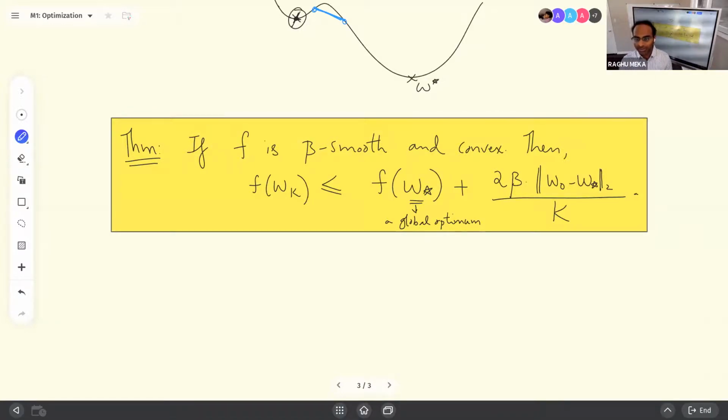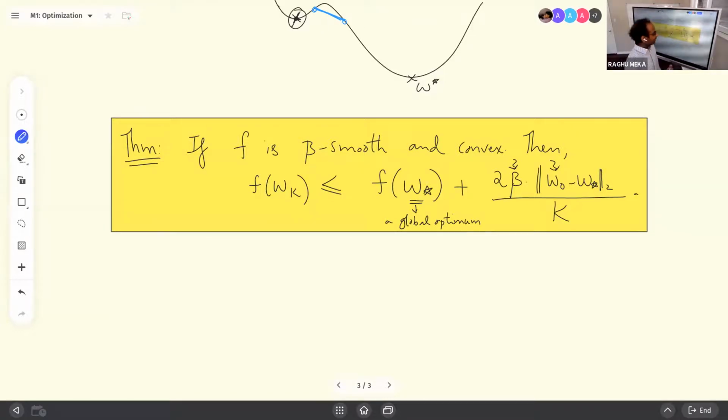It's saying if your function is beta smooth and convex, then you will converge, or you'll find a value after k iterations which is close to the value of the global optimum, depending on two things: your smoothness, and how close your initial guess is to your optimum value.